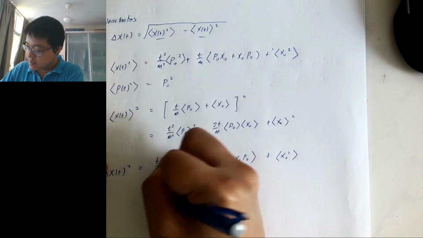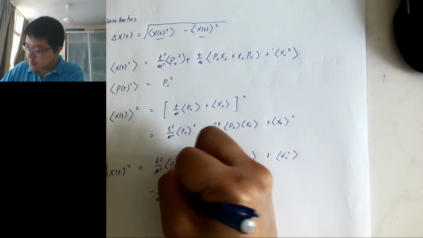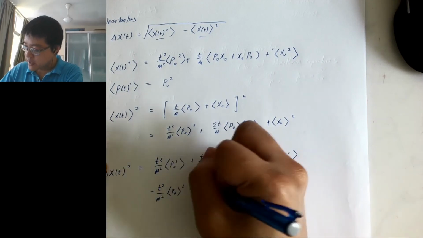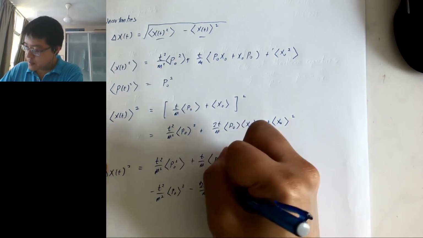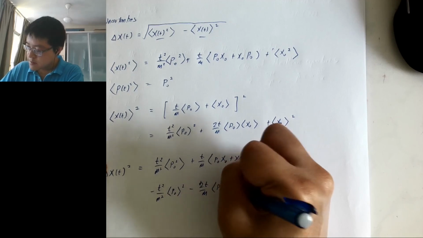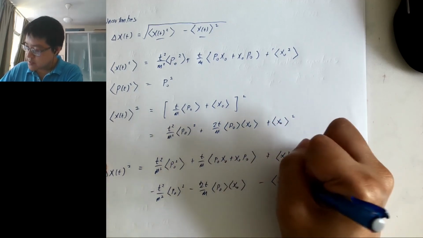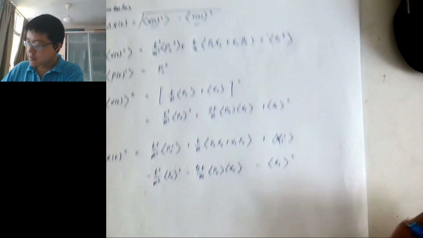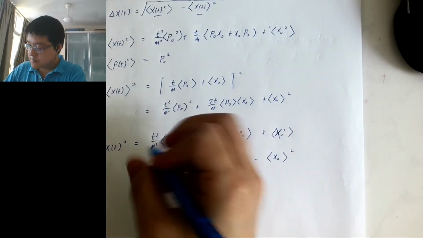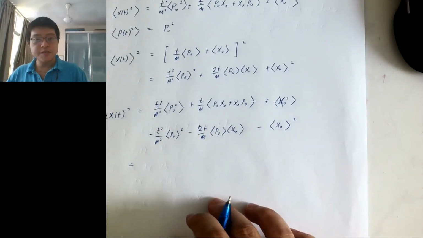So minus t square over m square expectation outside, minus 2t over m px minus x expectation outside.